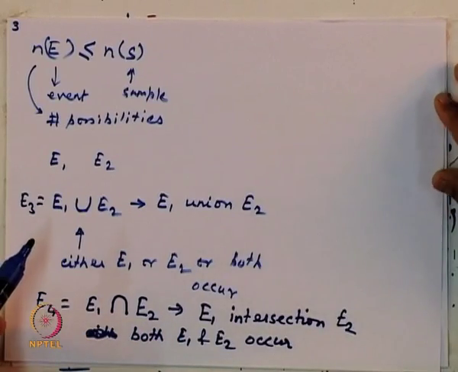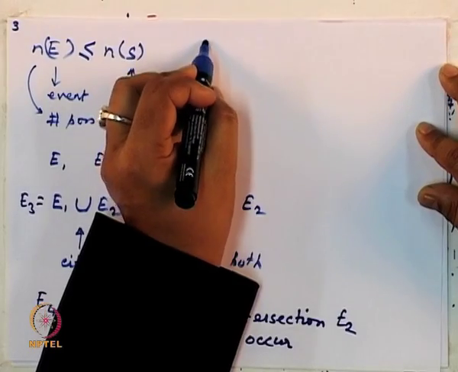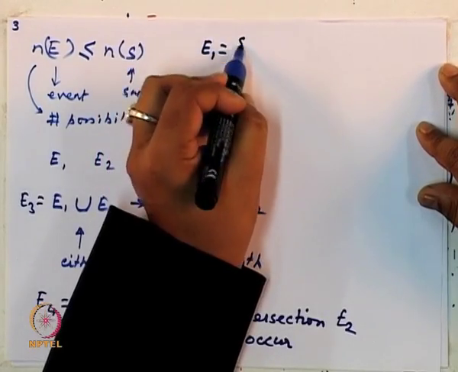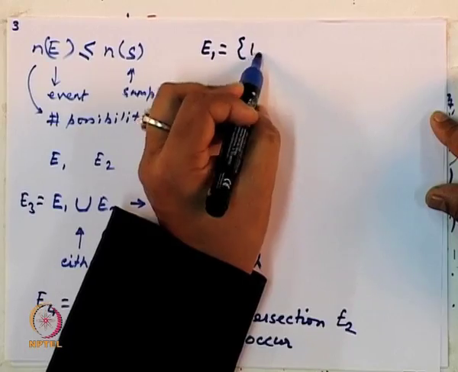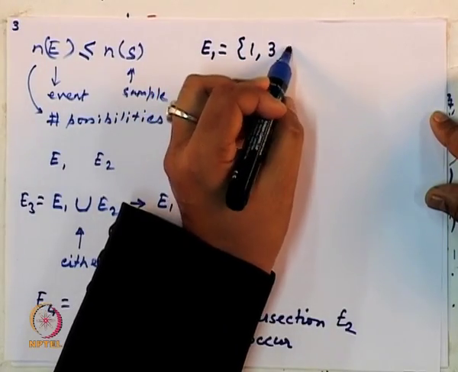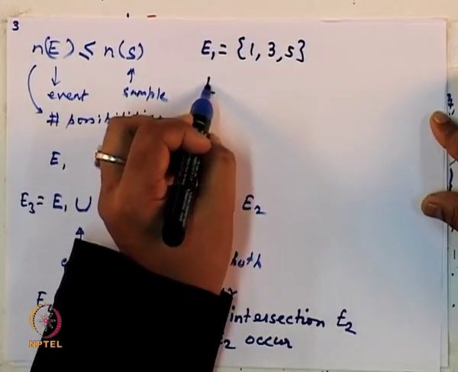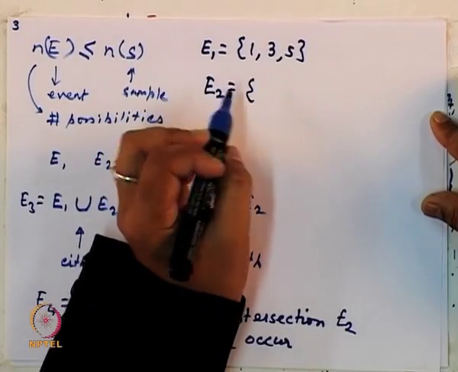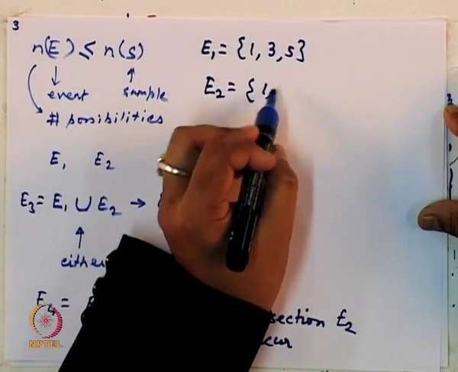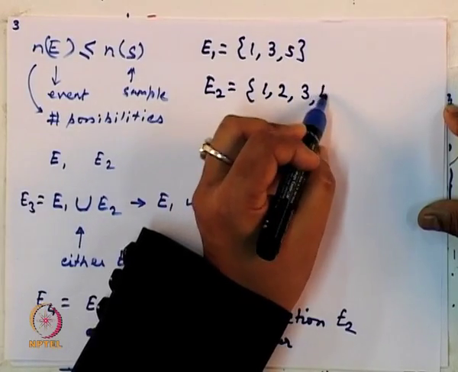In the case of rolling of a dice, let us say I define my E1 as the set of all odd numbers appearing. In that case it will be 1, 3, 5, and E2 is the set of all numbers less than 4, that is 1, 2, 3, 4.